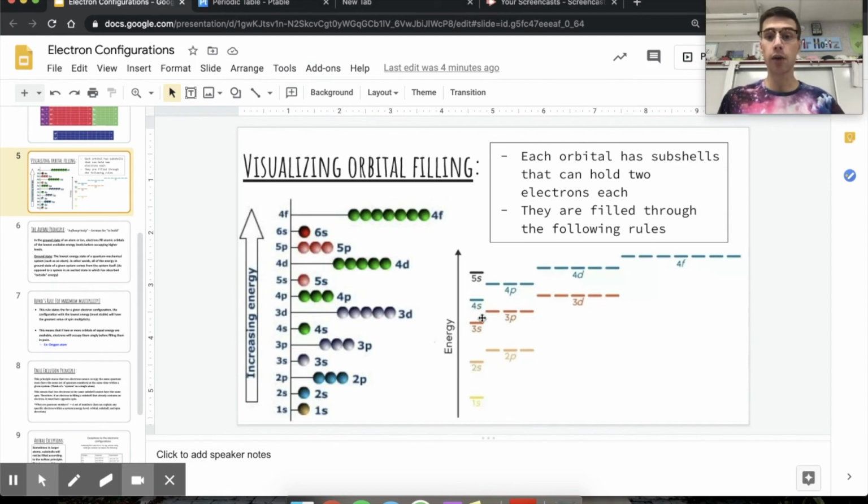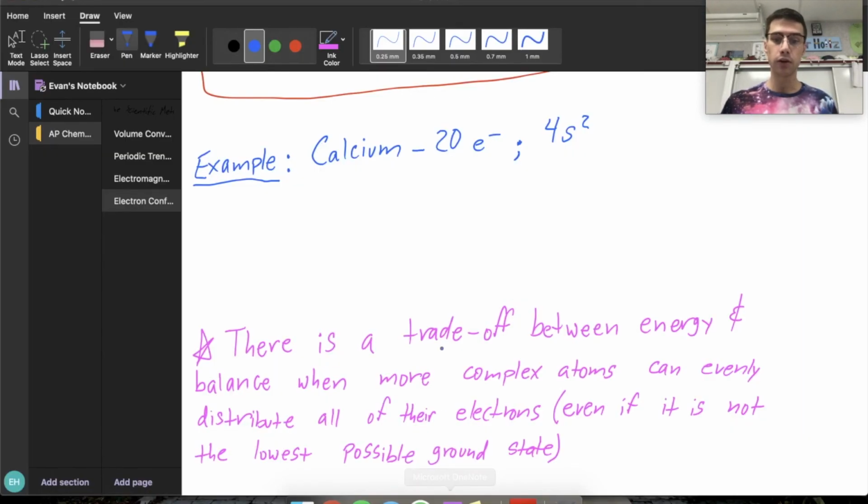If you just count up how many electrons we can fit there, 2, 4, 6, 8, 10, 12, 14, 16, 18, 20. So we end up filling all of the 4s block or subshell, okay?